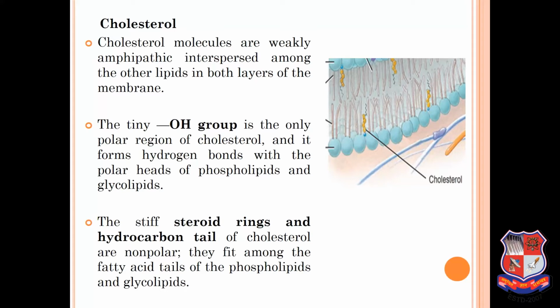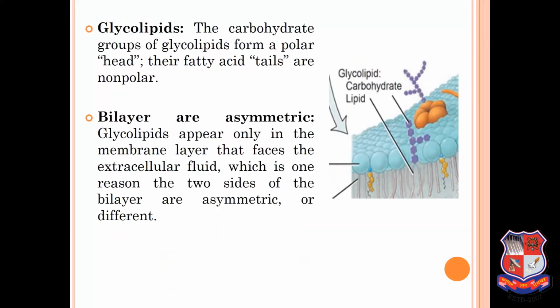The tiny OH group is the only polar region of cholesterol, and it forms hydrogen bonds with the polar heads of phospholipids and glycolipids. The steroid rings and hydrocarbon chains of cholesterol are the non-polar part. So in cholesterol the OH group is the polar part, and the steroid rings are the non-polar part. The polar part makes hydrogen bonds with polar parts of other lipids, and the non-polar parts fit together with the non-polar parts of other lipids.